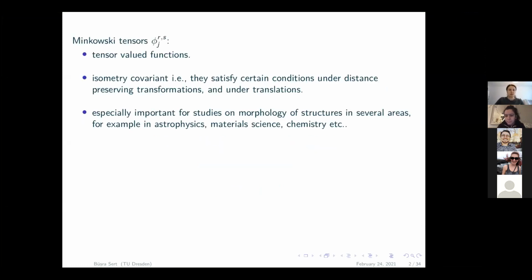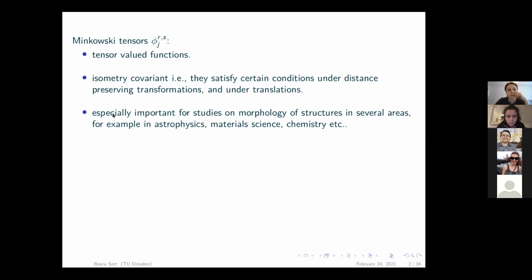To give the general motivation, the main object of this talk will be Minkowski tensors. They are generalizations of intrinsic volumes, and they give geometric data about convex bodies. They are tensor-valued functions, and they are isometry covariant, so they behave nicely under distance-preserving transformations.